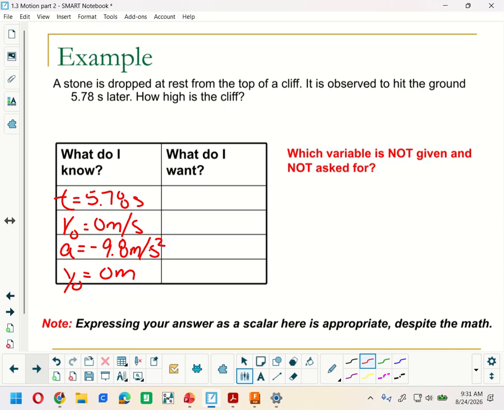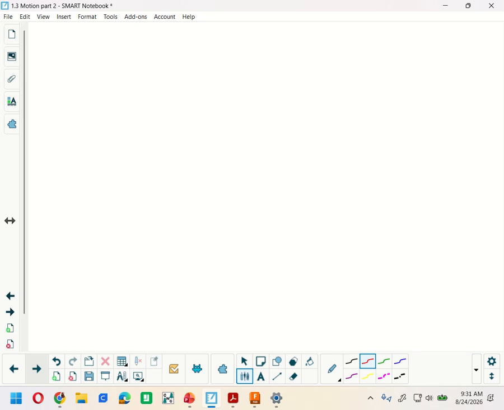Okay. So my formula. So I have, let's see, I have 3 formulas here.